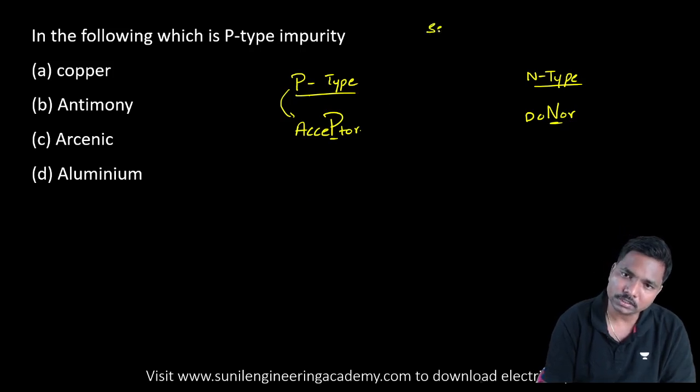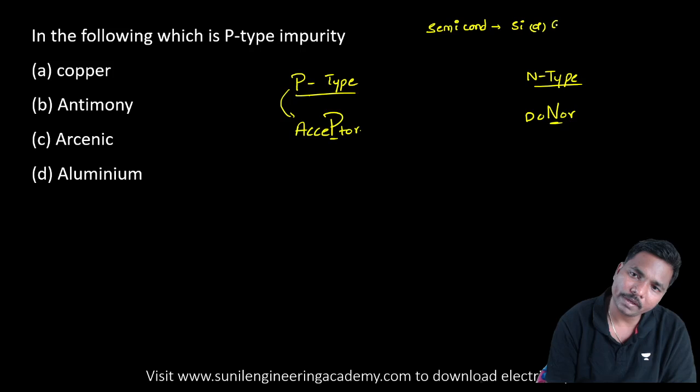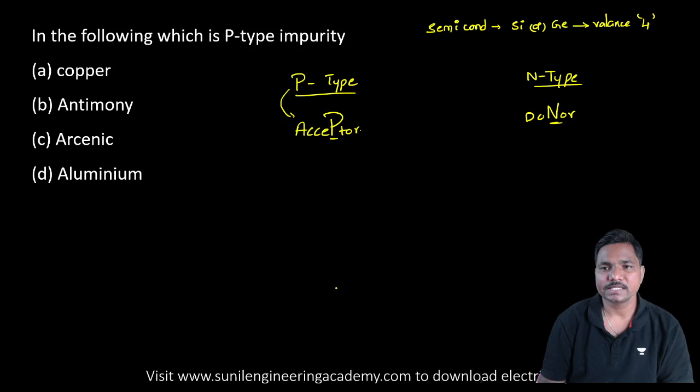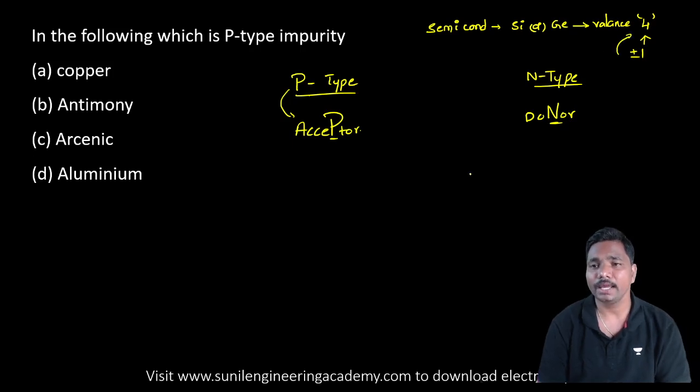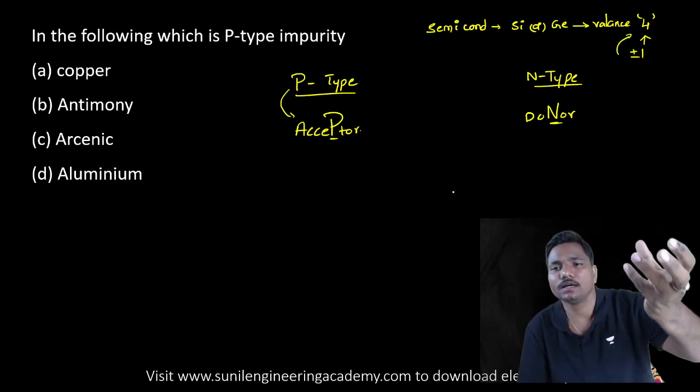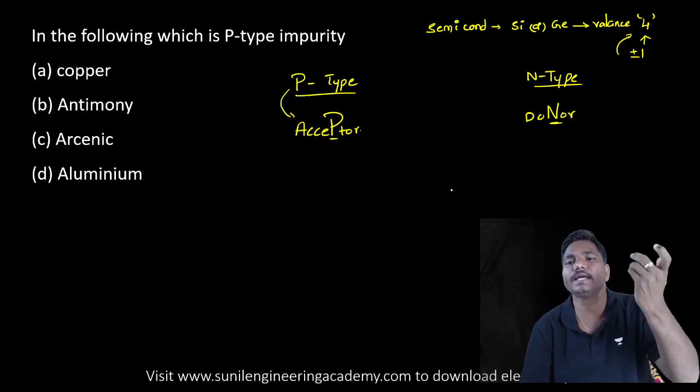Generally we know a semiconductor, either silicon or germanium, has how many valence electrons? Very important question. They have 4 valence electrons. So in this case, if we add plus or minus 1 to this, then we can get a higher number of holes or a higher number of electrons.